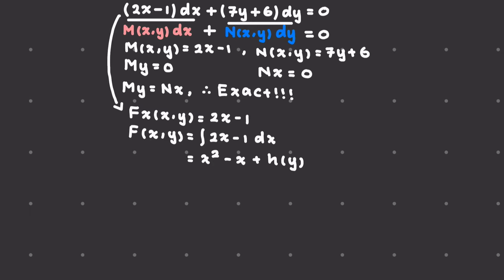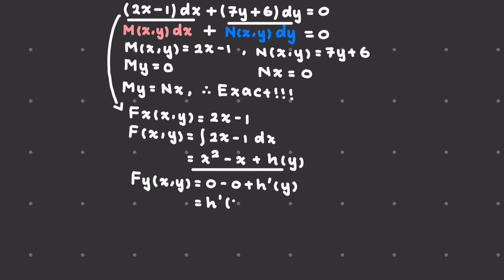You can call this h(y), g(y), or c(y), but this is just a generic function of y. Then we take the partial derivative of f with respect to y, so fy equals 0 minus 0 plus the derivative of h, which simply gives us h'(y).